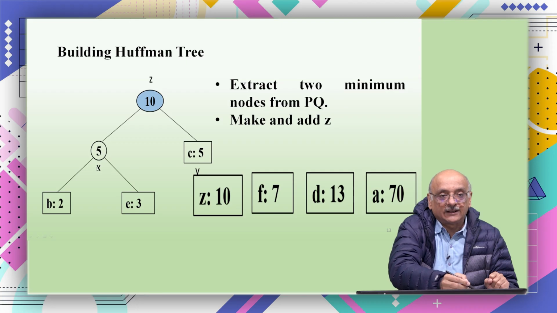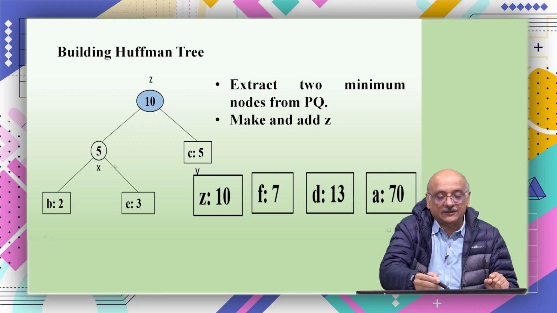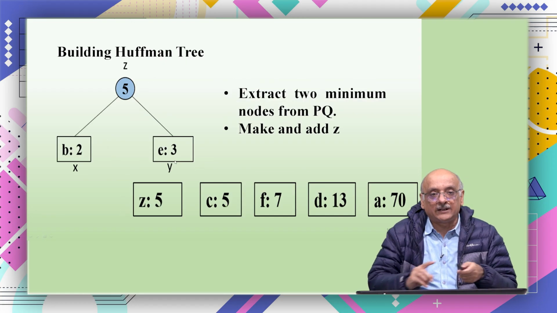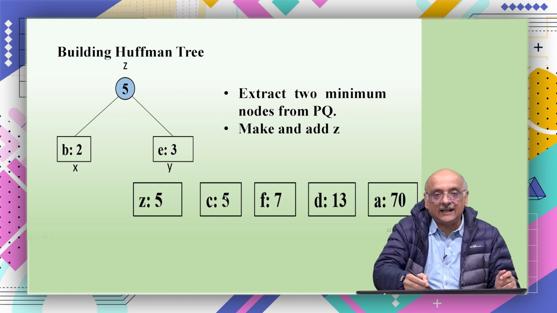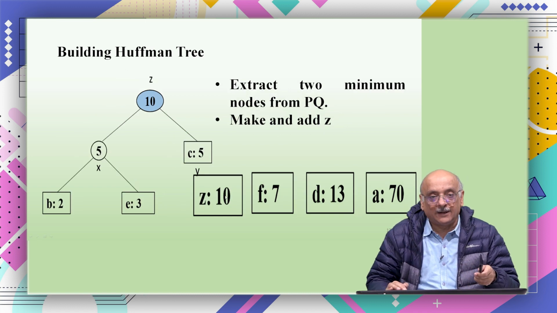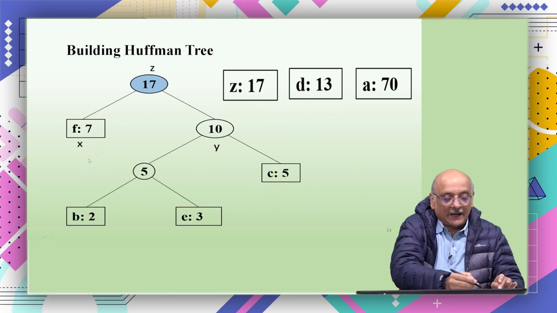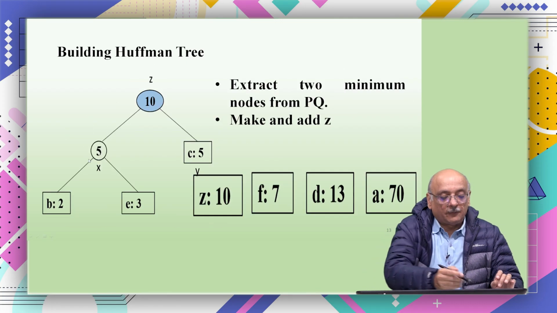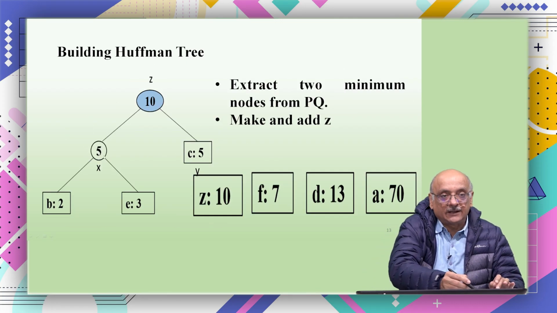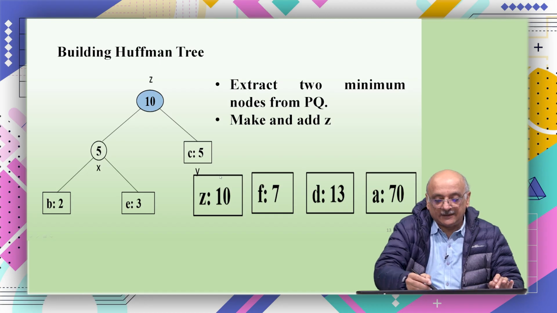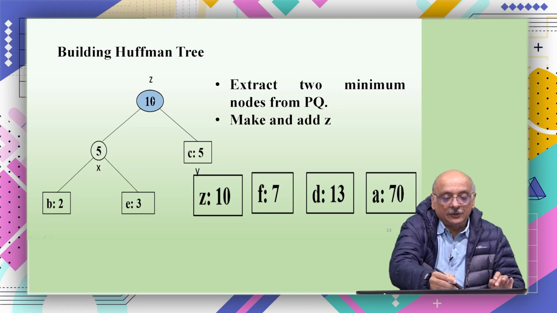This is the left hand side and this is the right hand side; we picked up C. So, these two we have picked up, the 5 and this 5. And we get a new z here with the weight of 5 plus 5, 10.